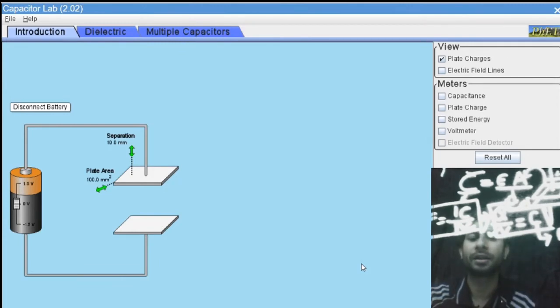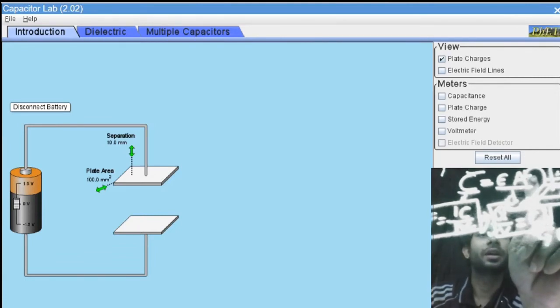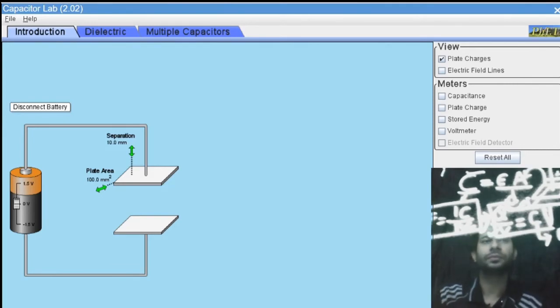Let's start with the simulation and try to understand how this capacitance C varies with changes in the area and changes in the distance or separation between these two parallel plates. On the screen you are able to see these two plates, one on the top and another at the bottom.